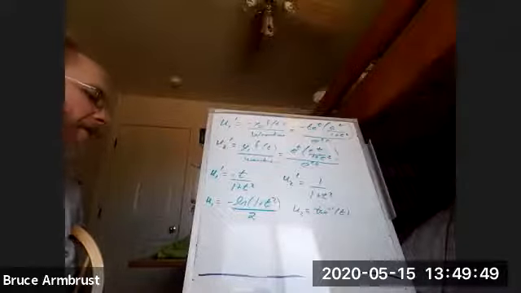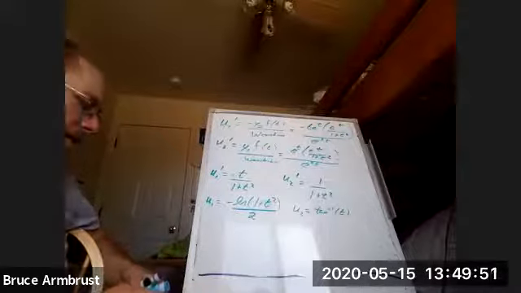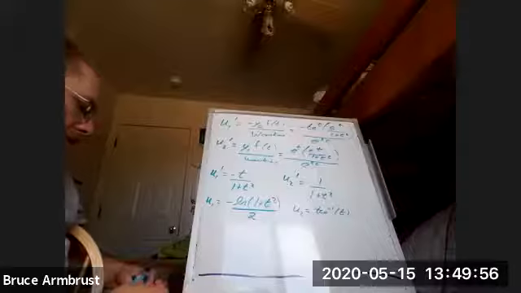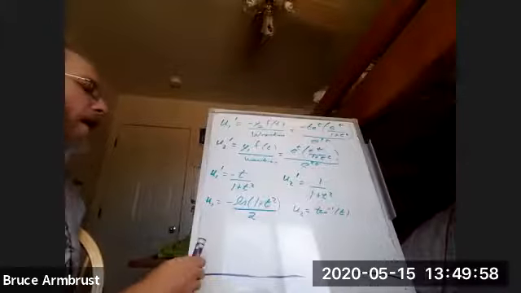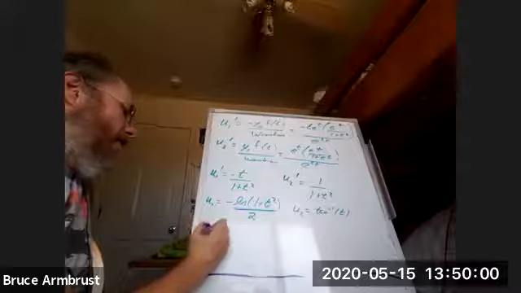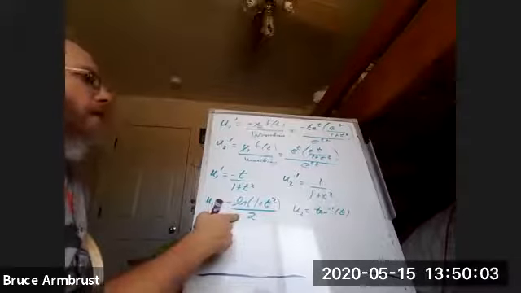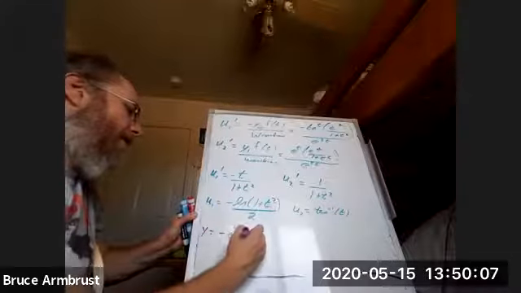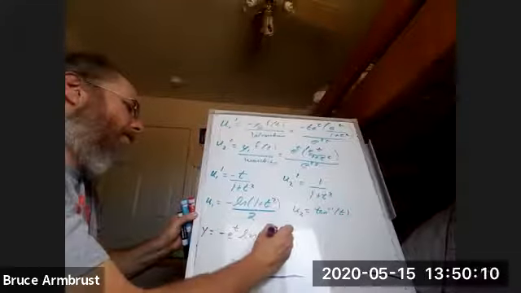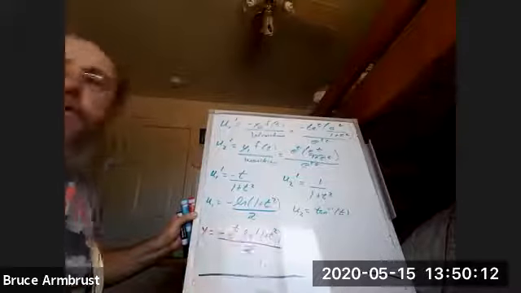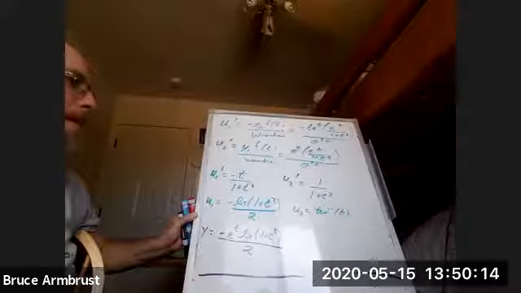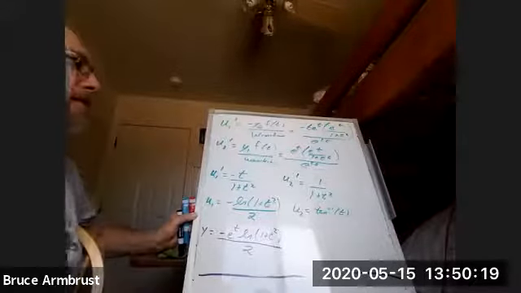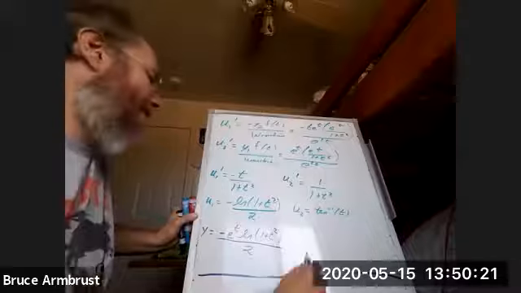Okay, well now we're ready to write what our solution looks like. So we're going to get y equals u1 times y1. So we're going to get this times y1, which was e to the t. So we're going to get minus e to the t natural log of 1 plus t squared over 2. And then we're going to get u2 times y2. y2 was t e to the t.